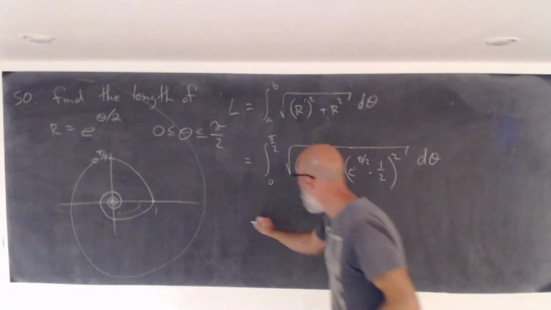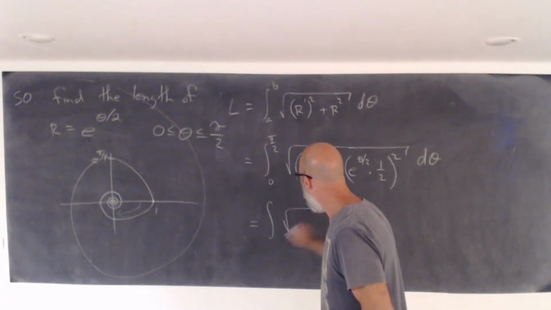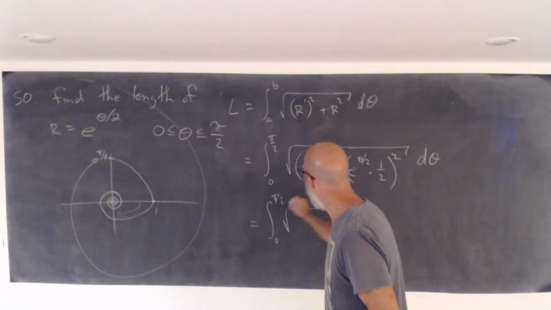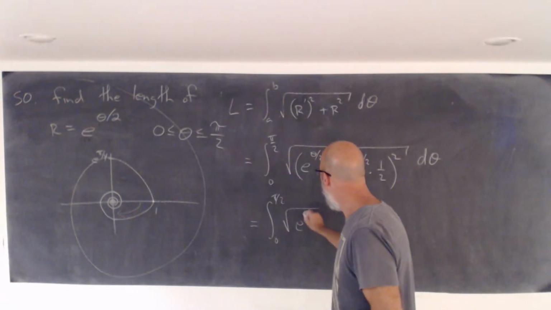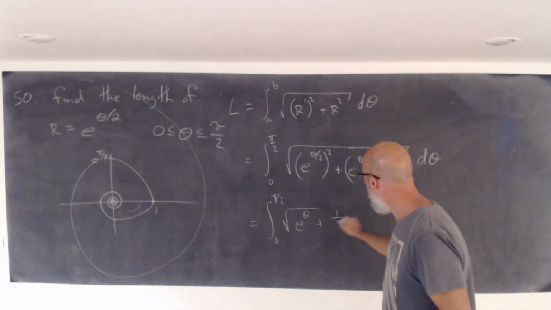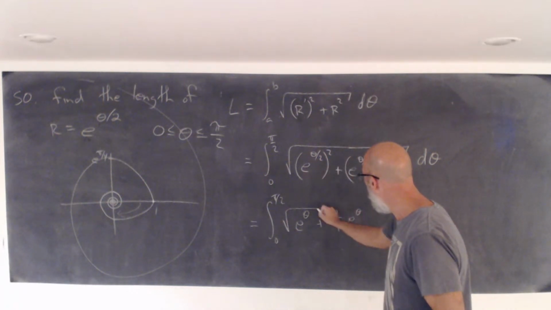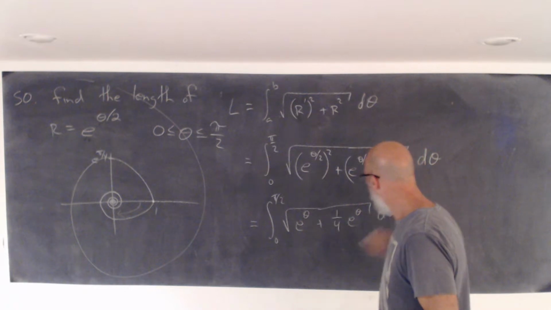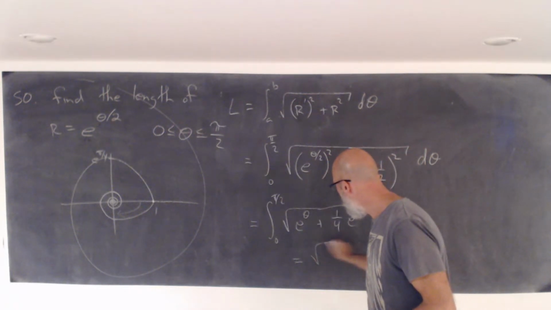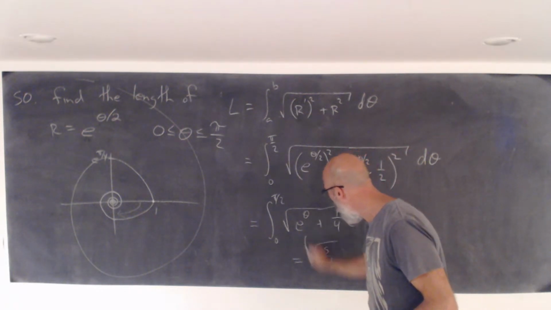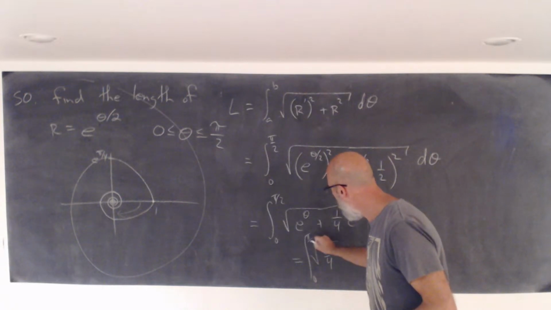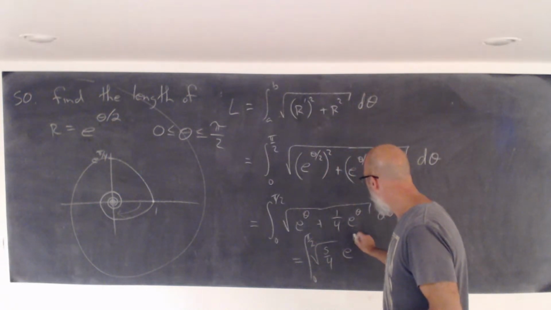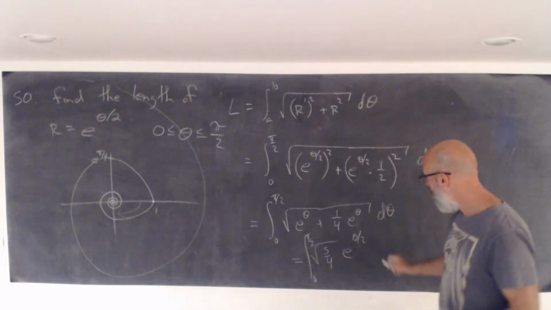Ben, you're suggesting that this becomes e to the theta plus 1/4 e to the theta, absolutely, which is just the square root of 5/4 e to the theta over 2.